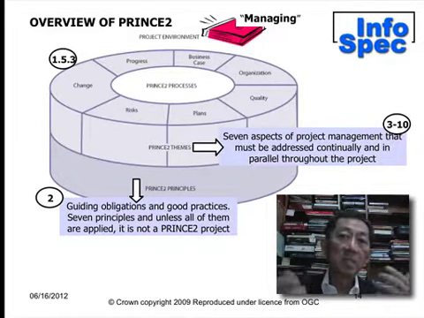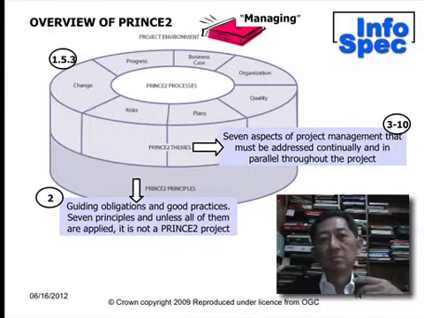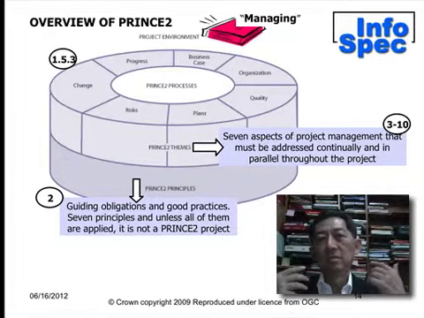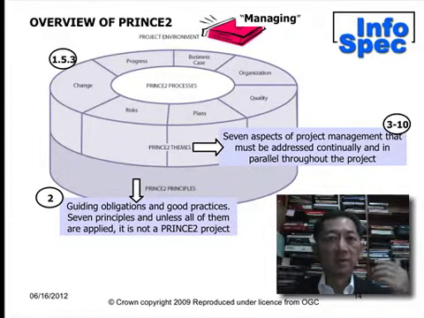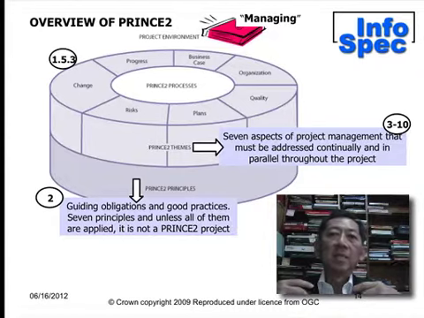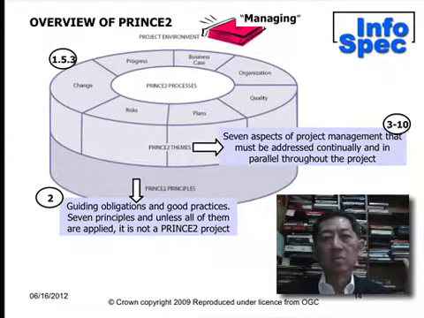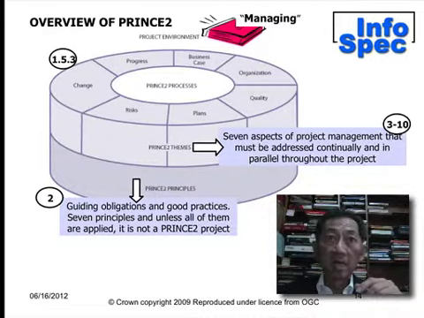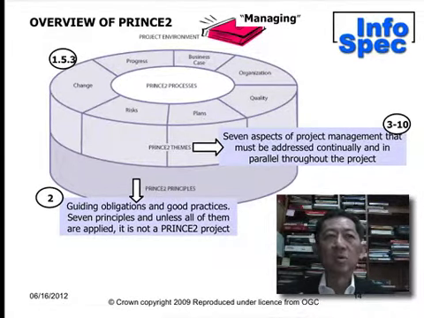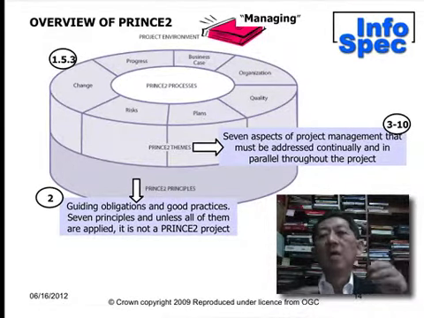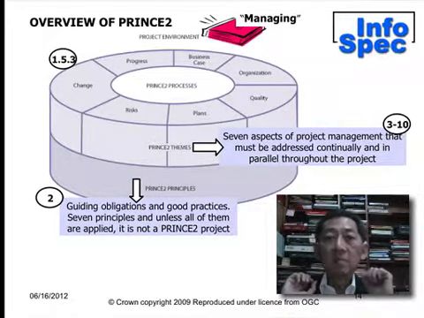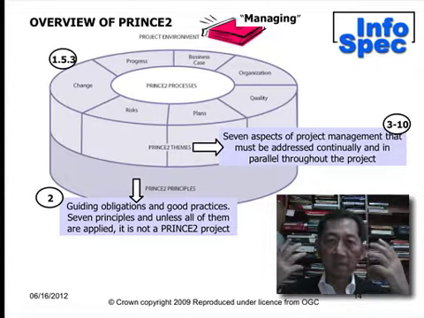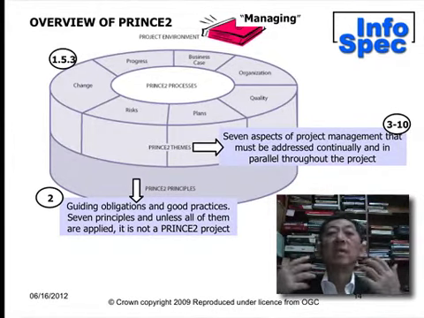Unlike processes, which are usually set to trigger at various parts of the project, the aspects listed here, risk, plans, quality, organization, business case, progress, and change, all have to happen more or less in parallel. These things are always either at the forefront or at the back of your mind as a project manager.